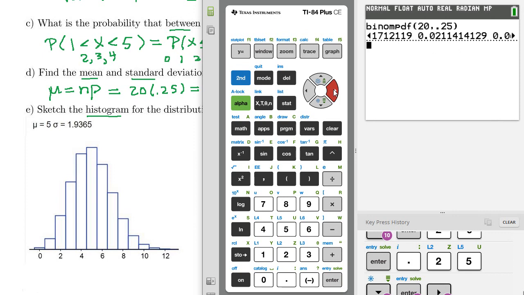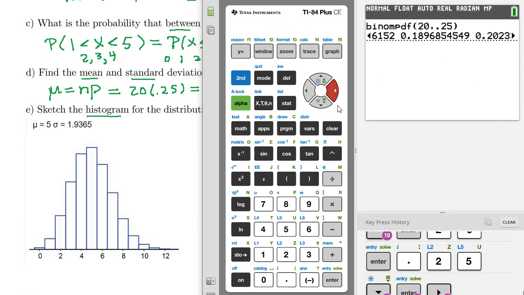You keep going to the right. Probability of 2, 0.0669. Probability of 3, 0.13389, so it's 0.1339, and so on. Just arrow to the right, and you've got all those probabilities listed for you.